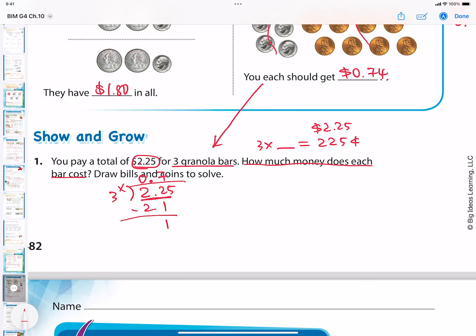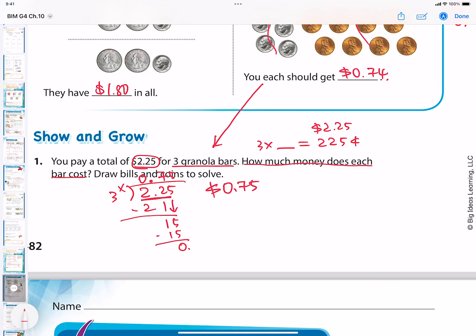And take away, it is 1, and bring down 5. 3 can fit into 15 by what? 5. So that's 5. Nothing is left behind. That means each granola bar costs $0.75.